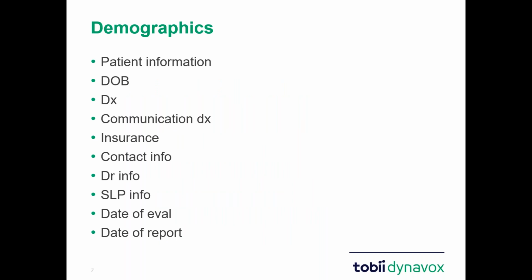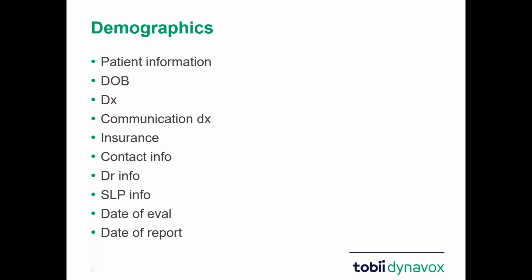So the first part of the report is all the demographics. This is pretty self-explanatory, but you're just listing all of the information about the patient: their date of birth, their diagnosis, their insurance, their doctor, and then your information. You have the date of eval and also the date of report. The date of eval, obviously, is, if we did an eval today, today's date, and then the date of the report is usually when you finish the report.